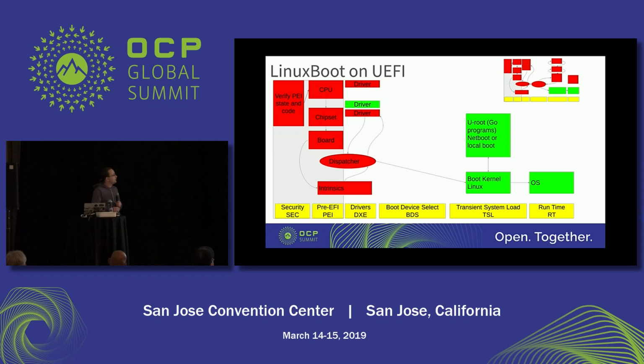So on a lot of systems where we've done this, let's take an example of, I think, the OCP Winterfell node, I believe we started with about 200 of those driver modules. In a pretty normal case, I think we get down to 30 to 50 of those drivers plus Linux. I think the best case that someone has actually tried out as a proof of concept is down to 5 of those drivers plus Linux.